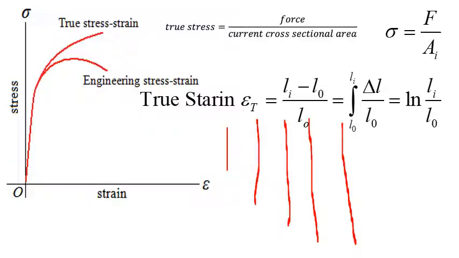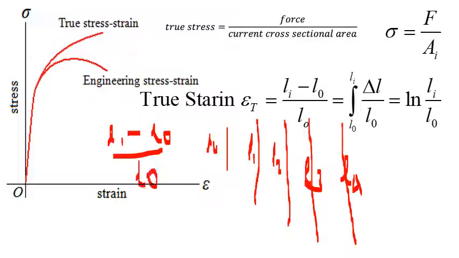To calculate the strain between L0 and L1, I write L1 minus L0 divided by L0, the change in length divided by original length.